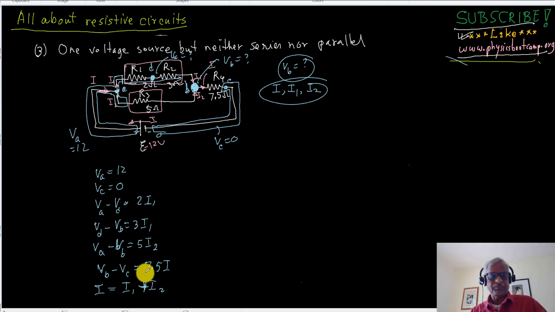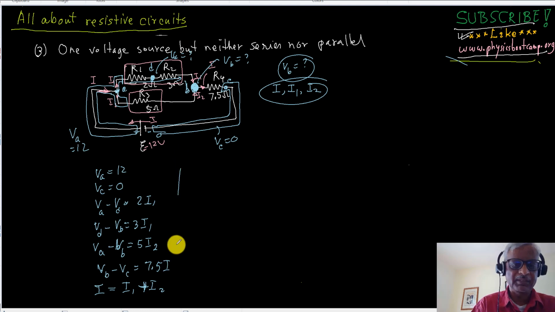So it looks like a whole bunch of unknowns and things like that, right? But there's only VB and VD that's unknown, and you can see that I can eliminate all the I's. There are several ways to proceed with the algebra.